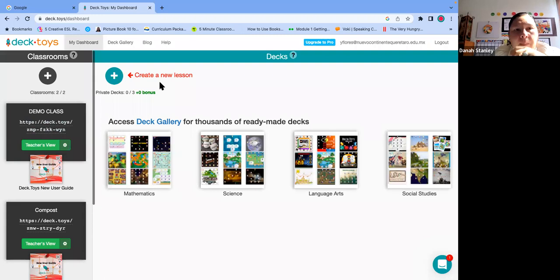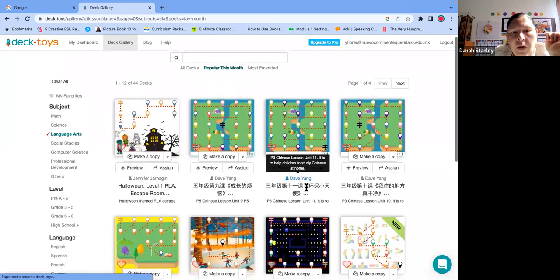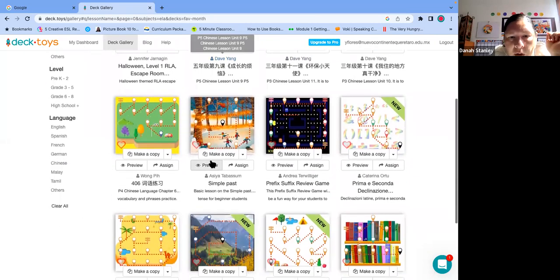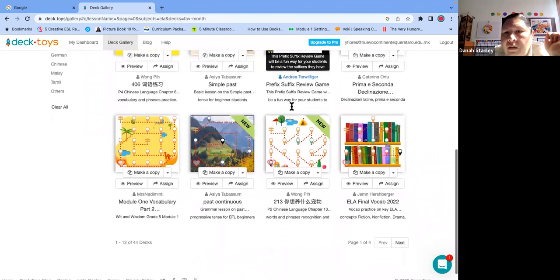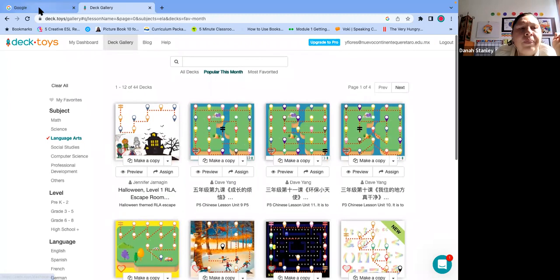In here, for example, you can look for, I don't know, language arts. You have, no sé, vocabulary, simple past, prefix, suffix, games, past continuous, etc. No?